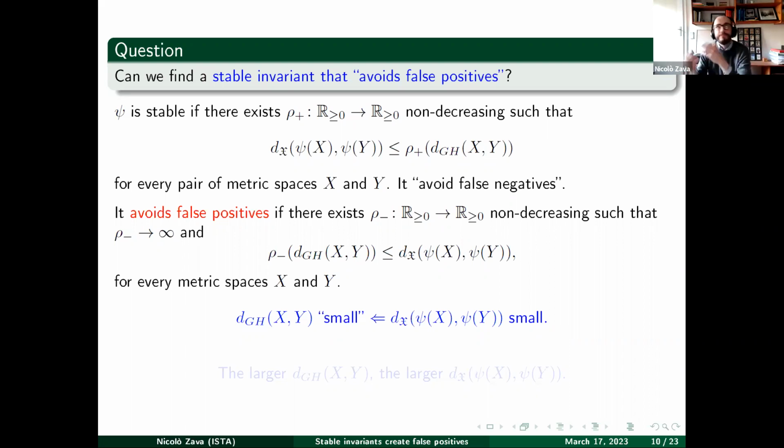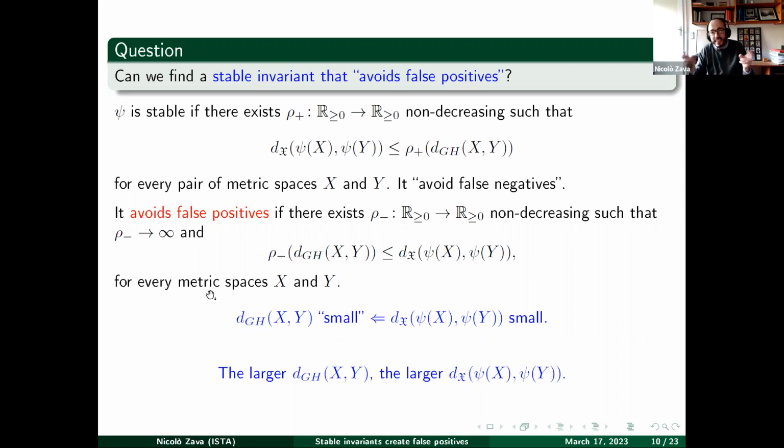Again, this has to be taken with a grain of salt because the function rho minus can stay 0 for quite some time before starting to increase very weakly. So it's a weak formalization of the notion of avoiding false positives.